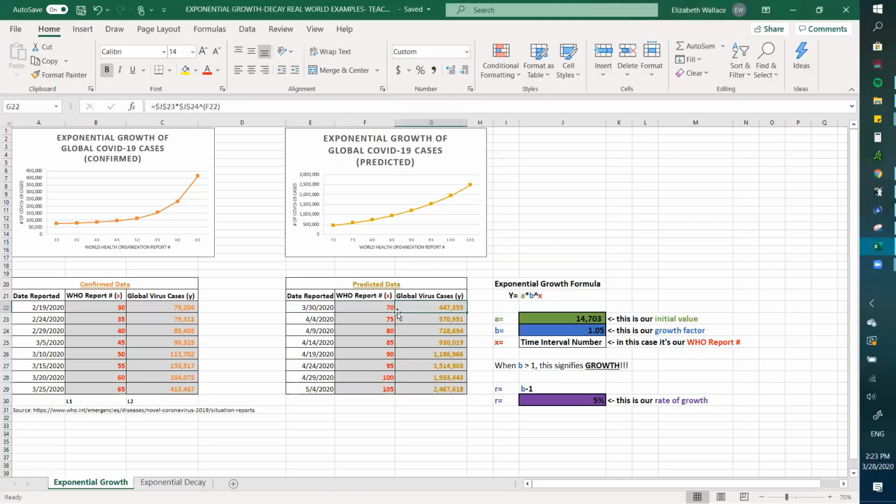So, wow. Based upon our data and our formula, we said that by the 30th of March, we would get to close to 500,000. And we've already reached there, and it's the 28th of March, not even the 30th.